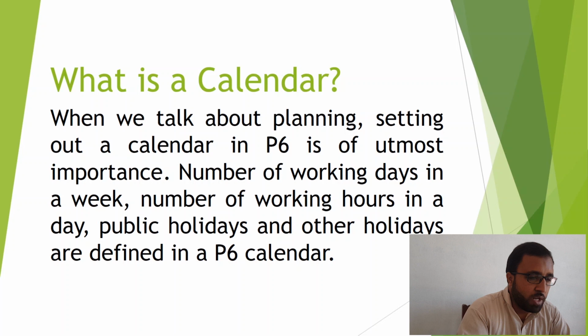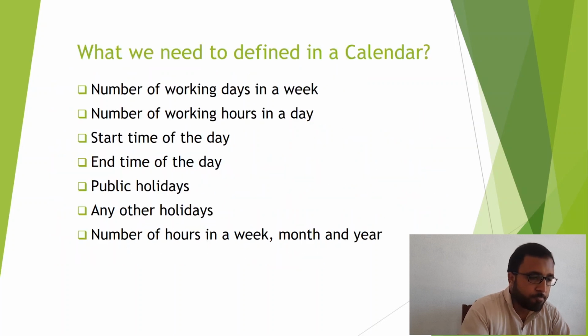When we talk about planning, setting up a calendar in P6 is of utmost importance. The number of working days in a week, number of working hours in a day, public holidays and other holidays are defined in a P6 calendar. What we need to define in a calendar: number of working days in a week, number of working hours in a day, start time of the day, end time of the day, public holidays, any other holidays, and number of hours in a week, month and year.